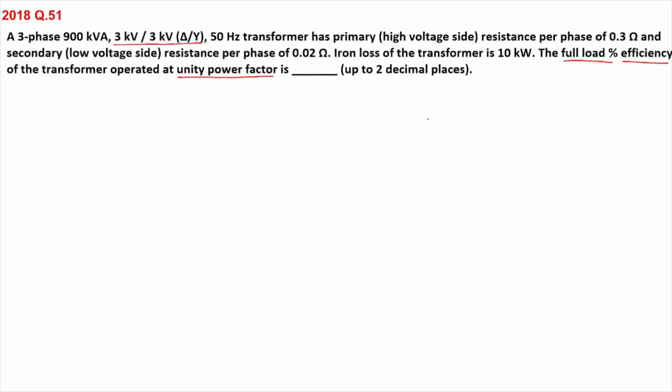So in three phase, first we will see the connection is delta and star. This is root 3, guys. Sorry for the mistake. This is root 3. And these are connected in delta and star fashion. So I will also draw one delta connected transformer. Pardon me for my bad drawing. And here one phase, two phase, three phase.